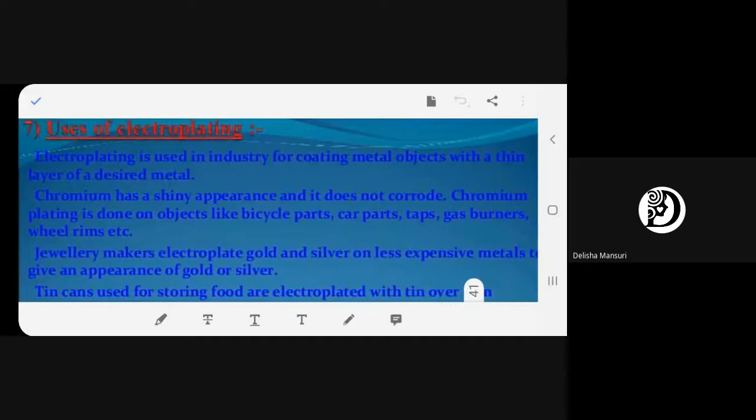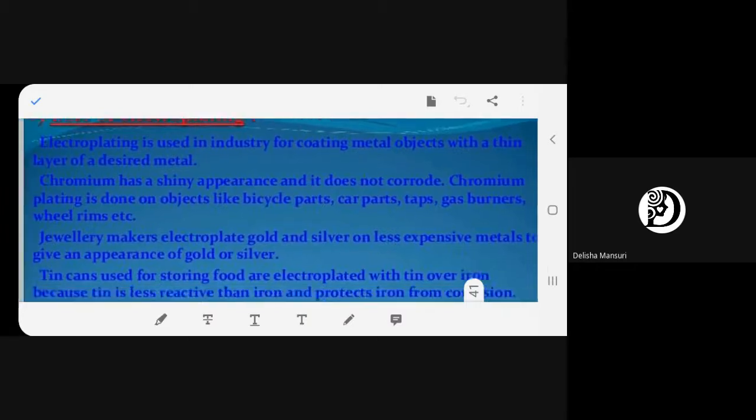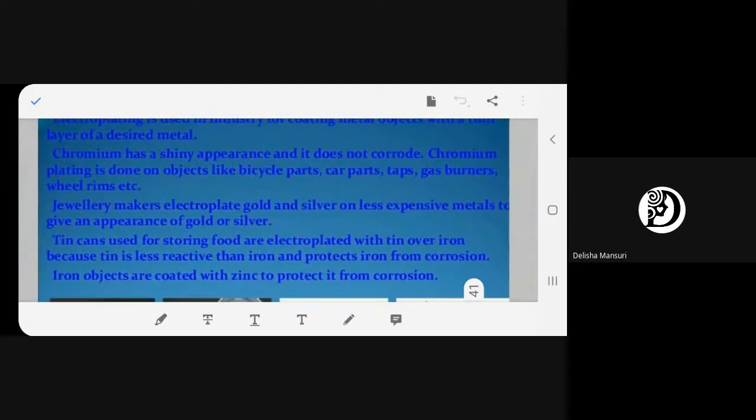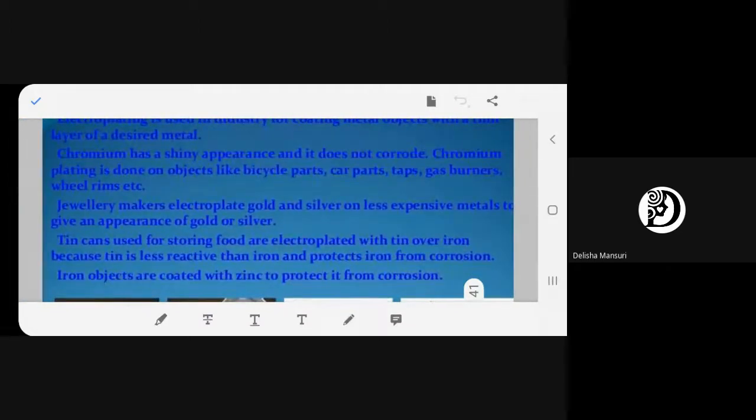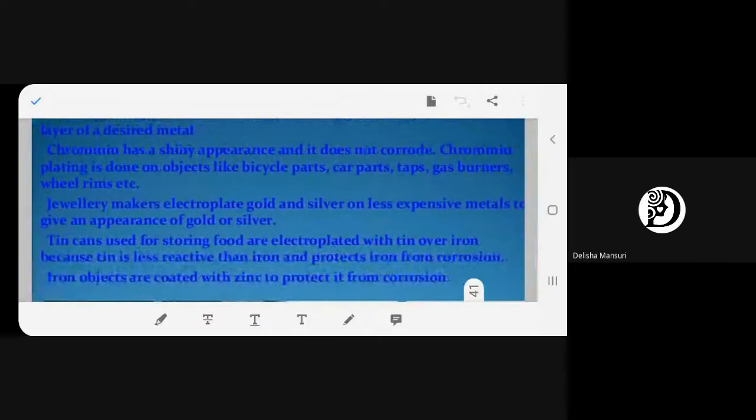Chromium plating is done on objects like bicycle parts, car parts, taps, gas burners, wheel rims, etc. Jewelry makers electroplate gold and silver on less expensive metals to give an appearance of gold or silver.